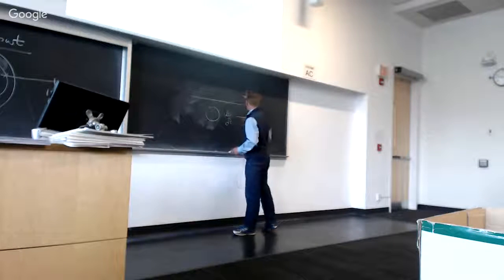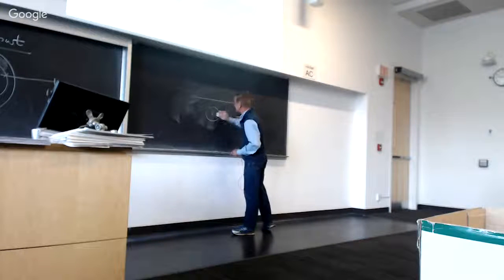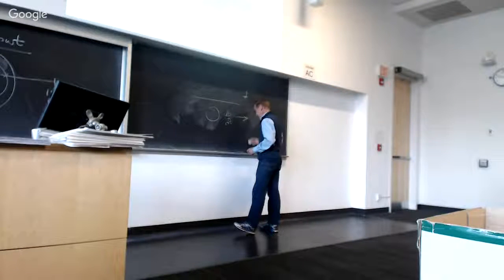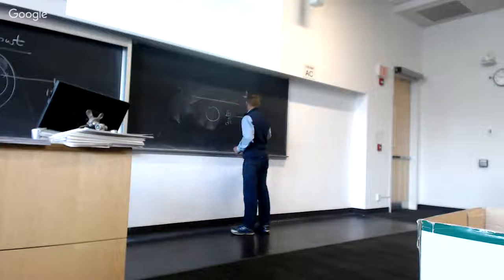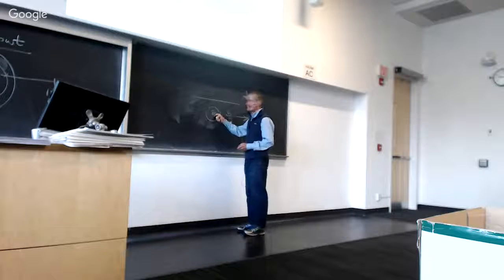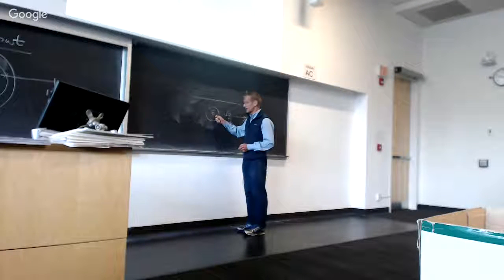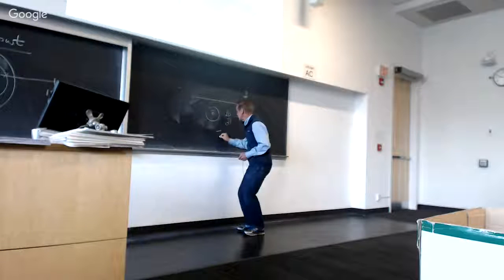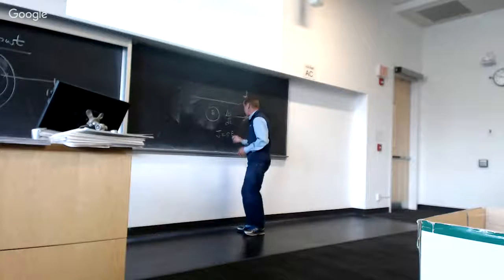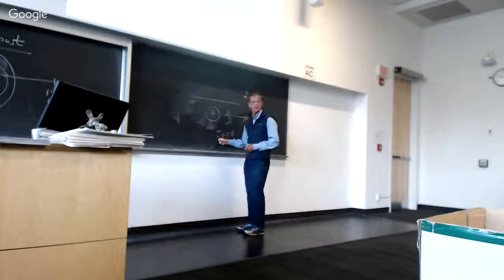Now we can use Ohm's law: J is equal to sigma E, where sigma is the conductivity, E is that electric field, and J is current.